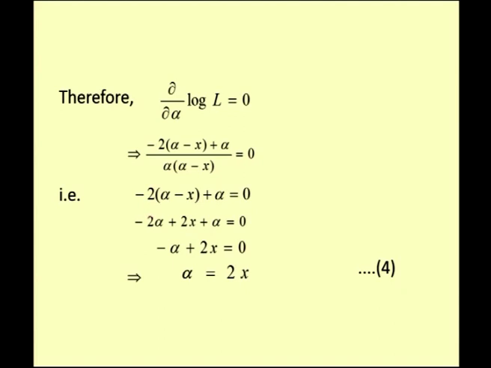So you will have minus 2 into alpha minus x plus alpha equal to 0. Multiplying, you get minus 2 alpha plus 2x plus alpha equal to 0. Minus 2 alpha plus alpha gives you minus alpha, and here it will give you 2x equal to 0. So it becomes alpha equal to 2x.